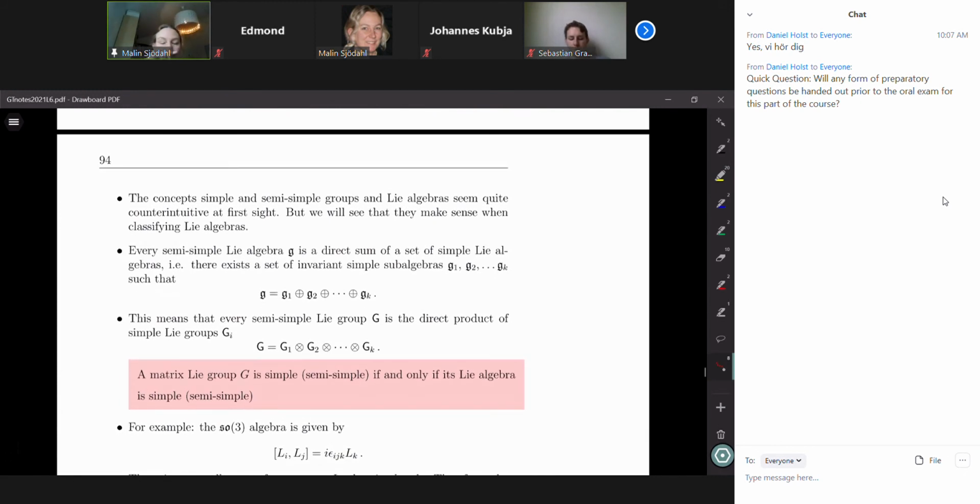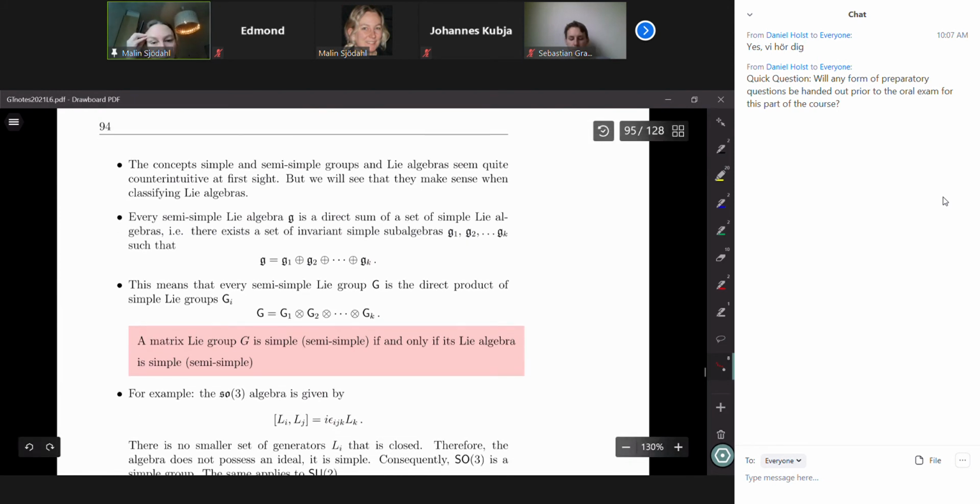Here we have the statement that every semi-simple Lie algebra is a direct sum of simple Lie algebras. So there exists a set of invariant subalgebras such that the algebra can be split into different such subalgebras, and I've already touched upon it. And this is a useful quality for classifying the algebras and hence the group.